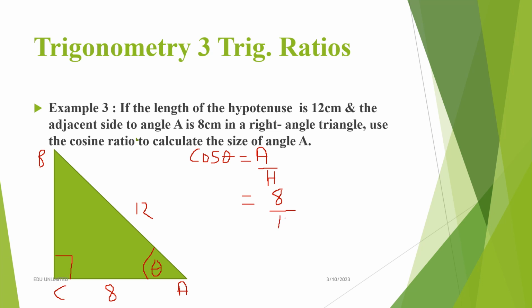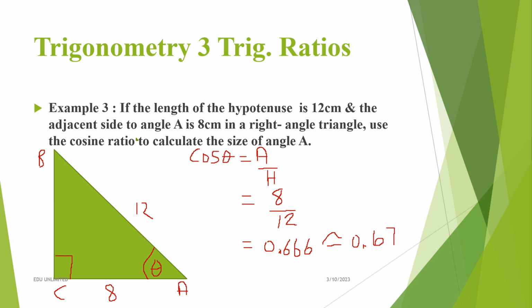So 8 divided by 12 would give us an answer of 0.666, which is approximately 0.67. So let us put the approximate 0.67.